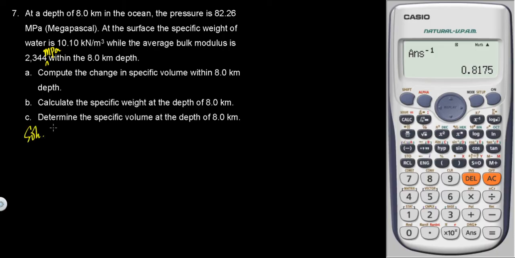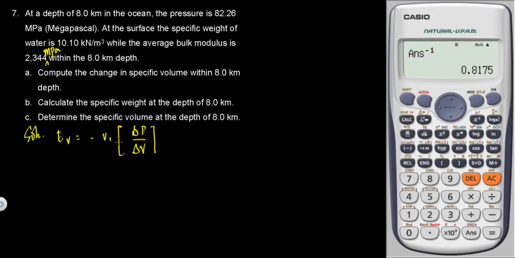Solution. Our bulk modulus, E sub B, is equal to minus V sub 1, the absolute volume, multiplied by the change in pressure, P sub 2 minus P sub 1, over the change in volume, V sub 2 minus V sub 1. What are the givens?